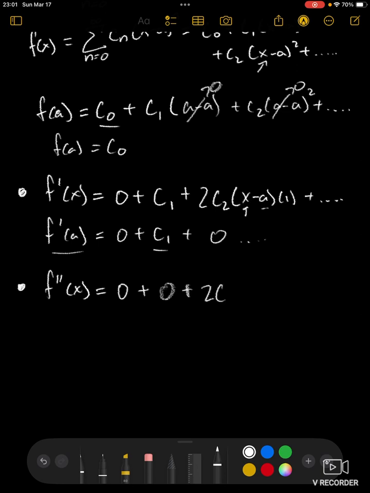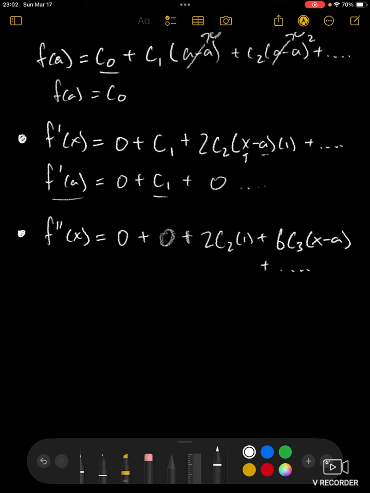This is going to be 2c2, and then of course times 1. Then what else? Well, if we look at the c3 term, we would have a 6 c3. Why? That's because we brought a 3 down times a 2. 2 times 3 is equal to 6. Times x minus a, plus so on and so forth.